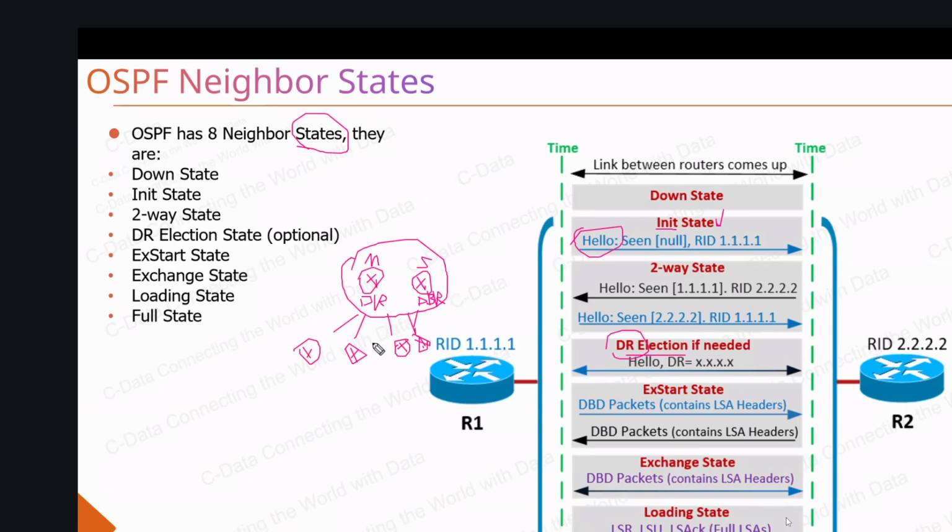Actually, in the protocol, it's not the users who vote. We base it on some parameters, for example the router ID, or the interface IP, to select which one is master and which one is standby.